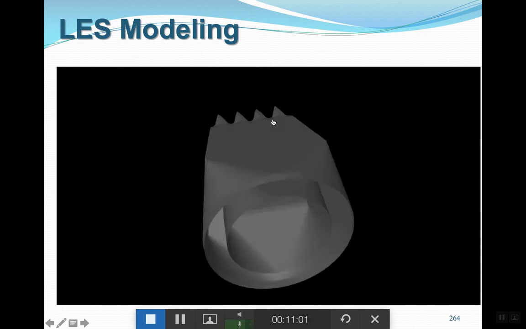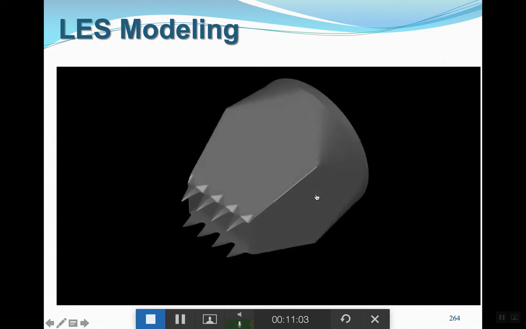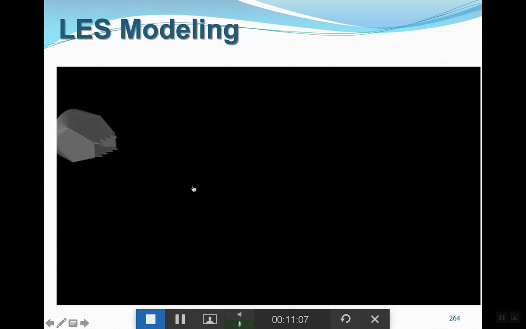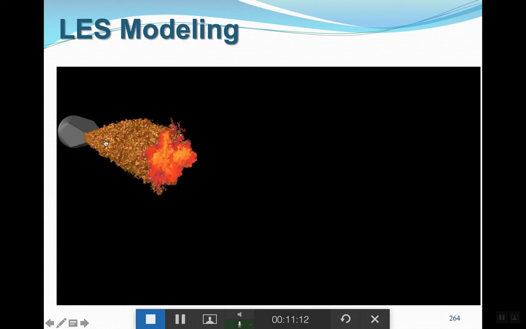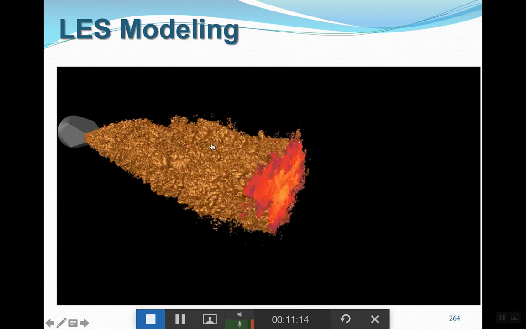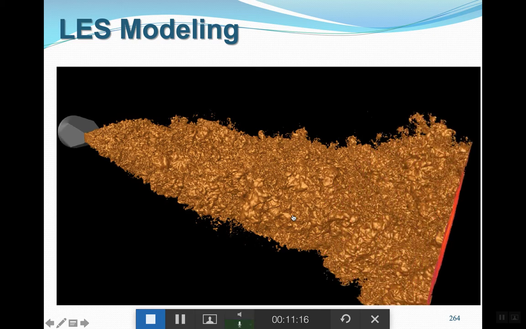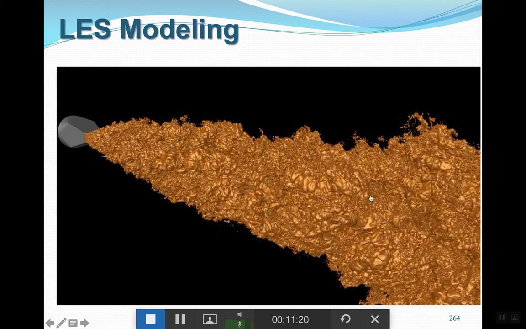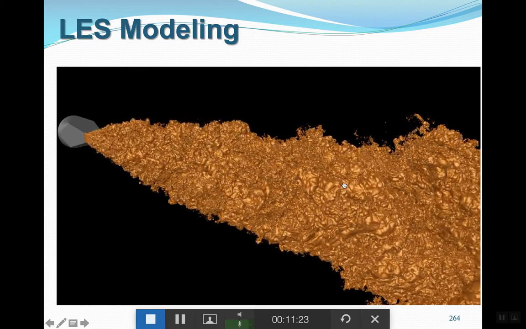Yes, this is the jet engine, done by LES modeling. This is the exit of it. This is the actual flow and the heat coming out, and these are the temperature contours.